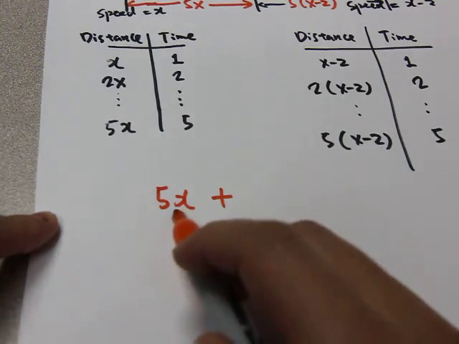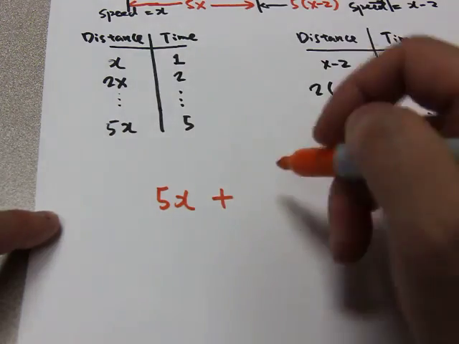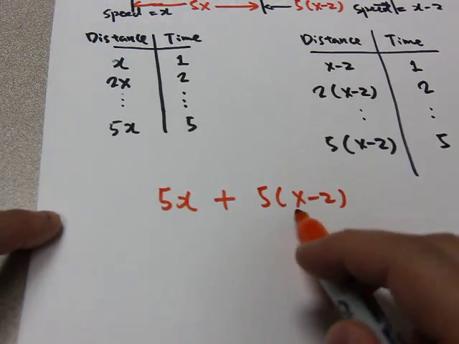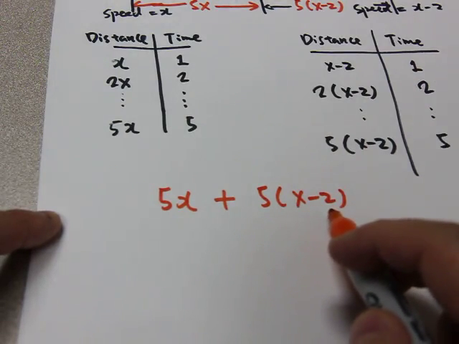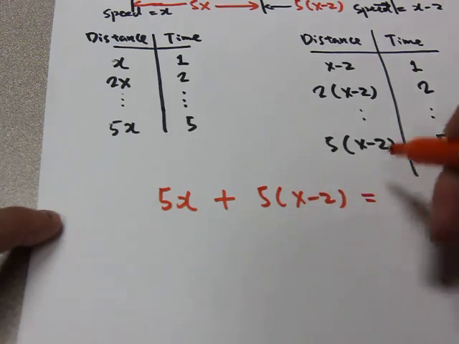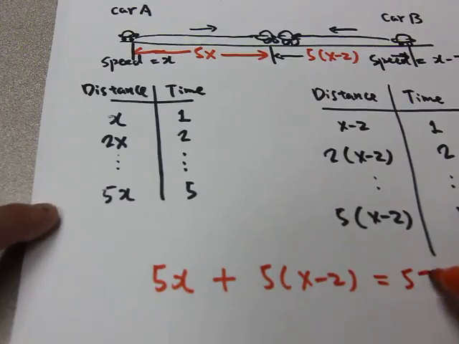Now again, remember 5x represents the number of miles car A travels, and 5 times x minus 2 is the number of miles car B travels, and the sum of these two should be equal to 570.